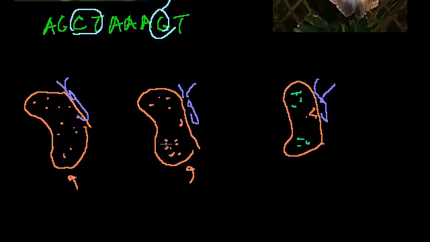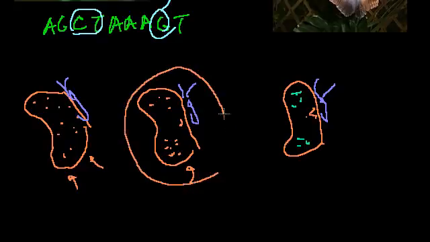Maybe this guy has a 1% less chance of getting eaten, because when the predator just looks at him out of the corner of its eye, that little really hazy region kind of looks like an eye, and the predator would be better off just not messing with it, and would rather go after the dude that looks like this. So it's just a slight probability. Now you might say, okay, what's 1% going to do? But when you compound that 1% over thousands and thousands of generations, all of a sudden, this trait might dominate. Because he's just going to be killed that much less frequently, 1% less frequently.